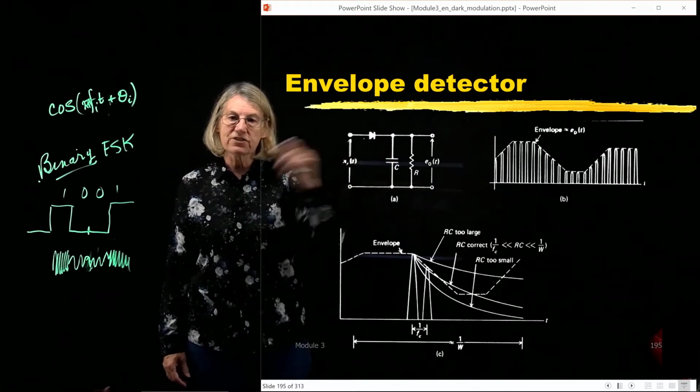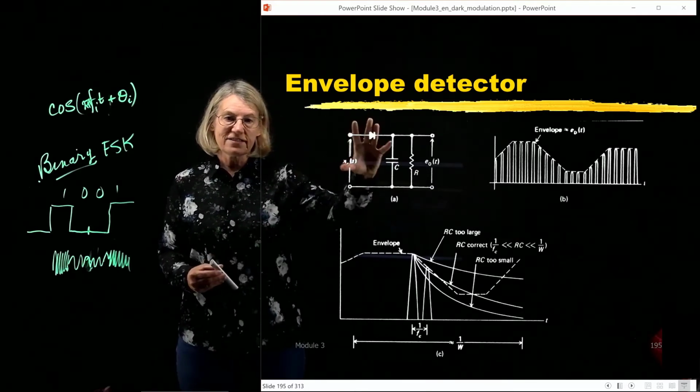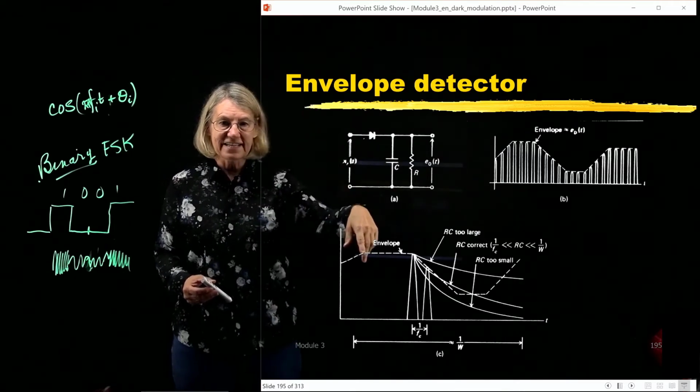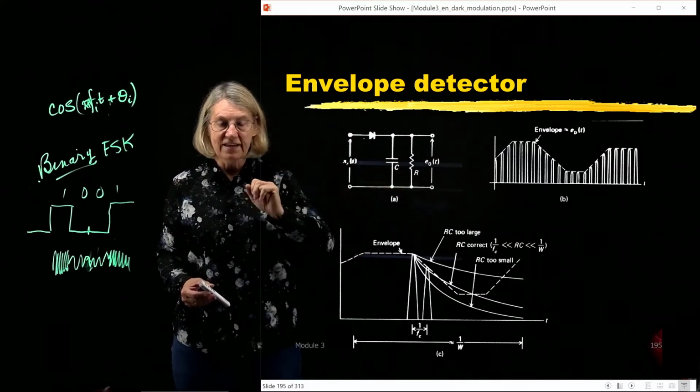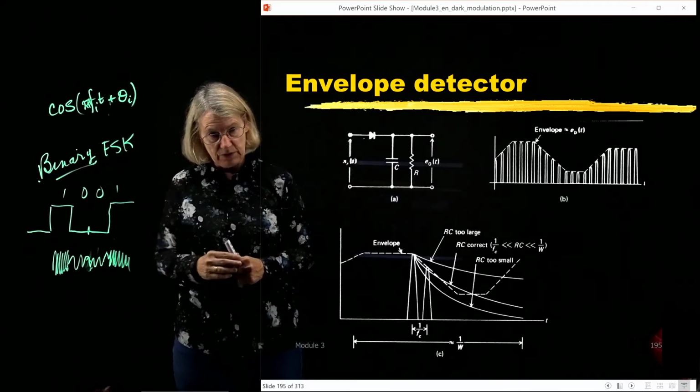So an envelope detector is a very simple, inexpensive circuit that, for instance, here's a circuit you may have seen in one of your circuit classes. And the idea is that we tune the R and the C. And so in our case, it would be tuned to the bit rate that we're using.